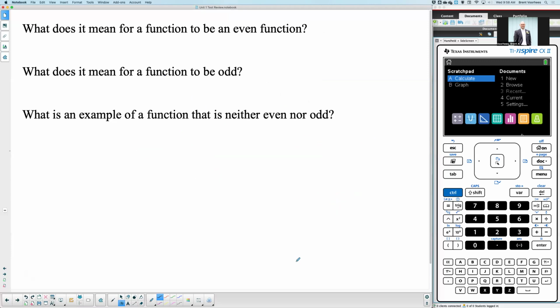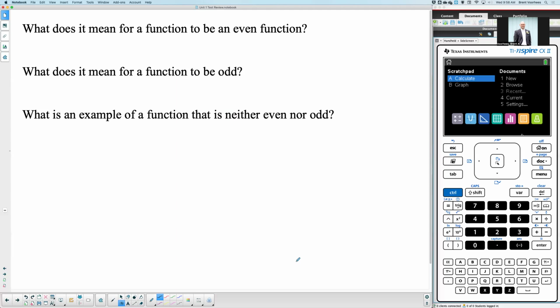What does it mean for a function to be an even function? What does it mean if a function is even? Okay, it's more than a parabola. It's got to be more specific. Not just the degree. It's telling you more than just the degree.